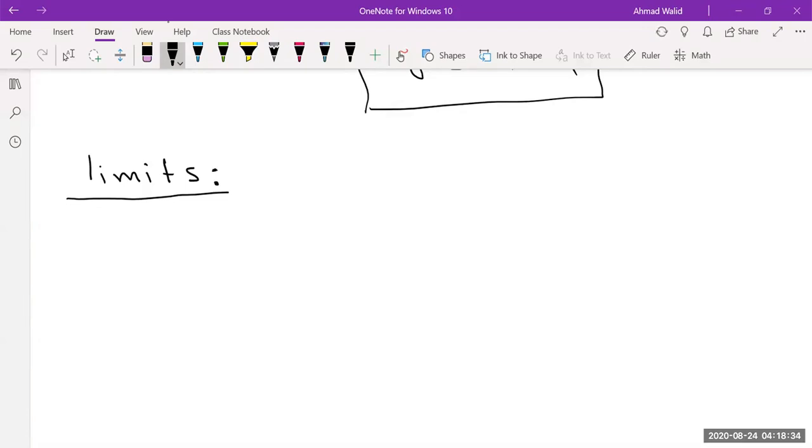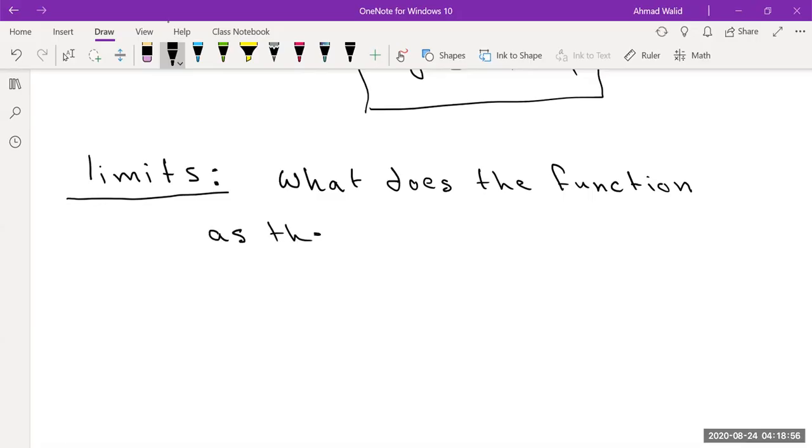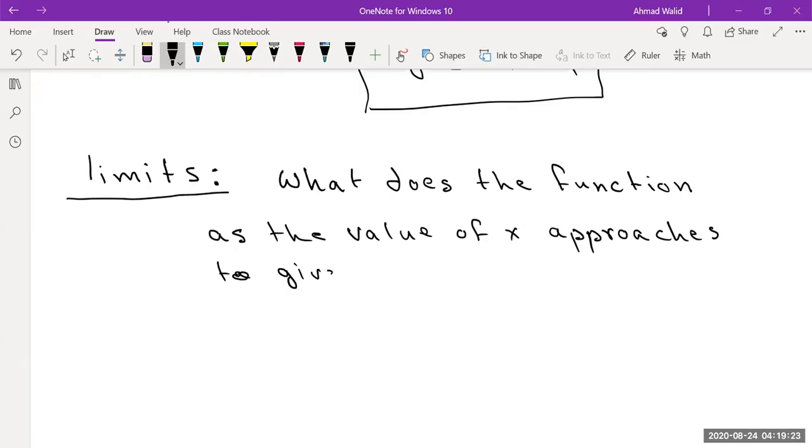Let's answer this question. What does the function do as the value of x approaches a given value or number?